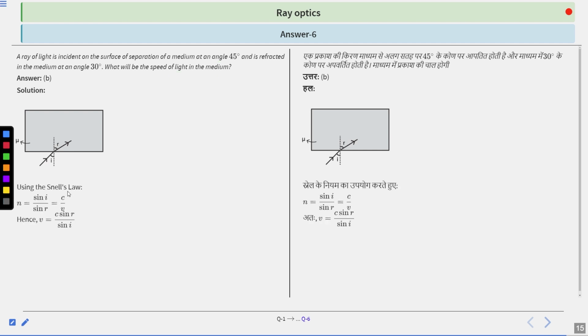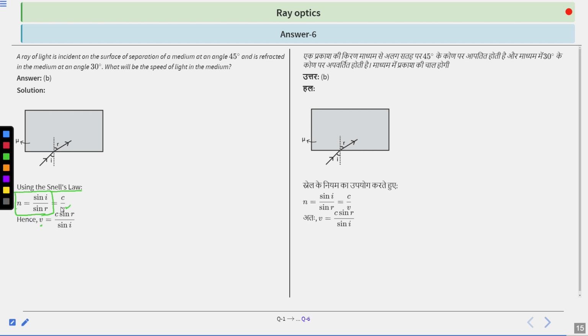Using Snell's law, n is equal to sine i divided by sine r, and that is equal to c divided by v. Clear? We have to find v.